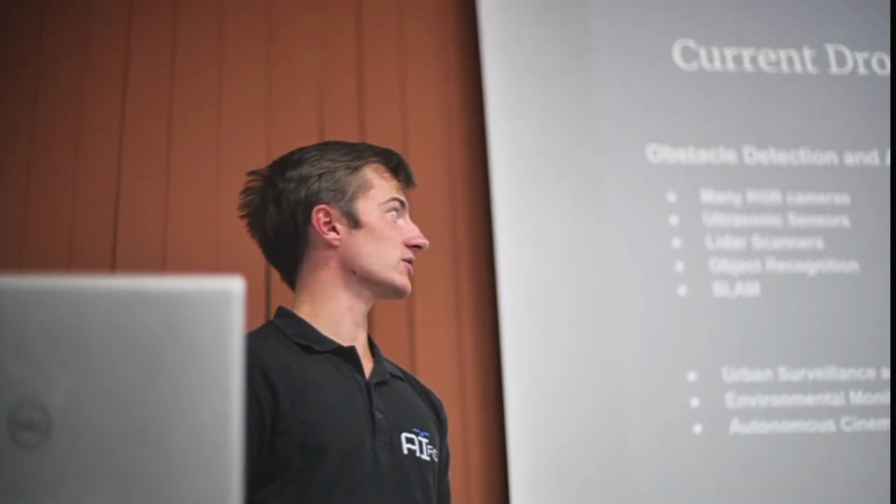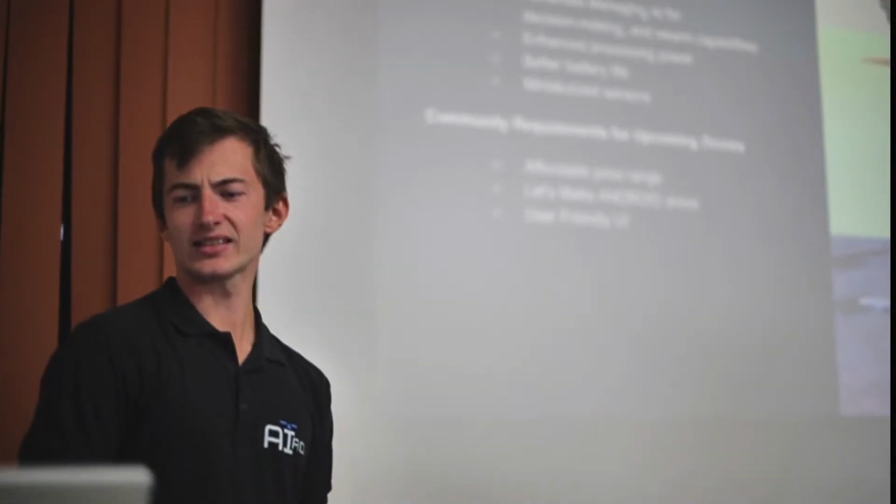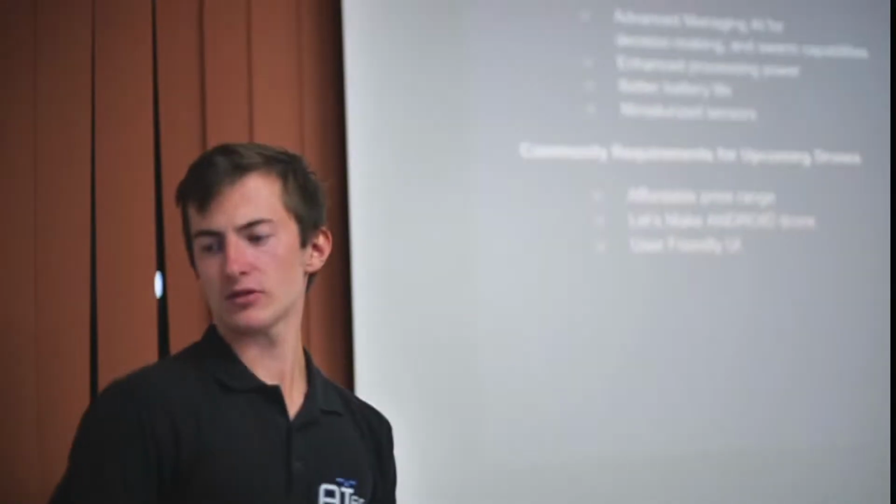So currently there are some platforms, for example, like ModalAI's Starling, and that's a commercial platform that allows people to write their own code and upload it to the drone. And there is, I think, a Qualcomm processor on board.